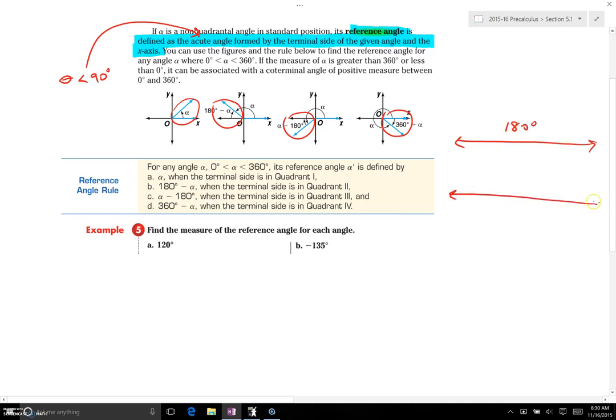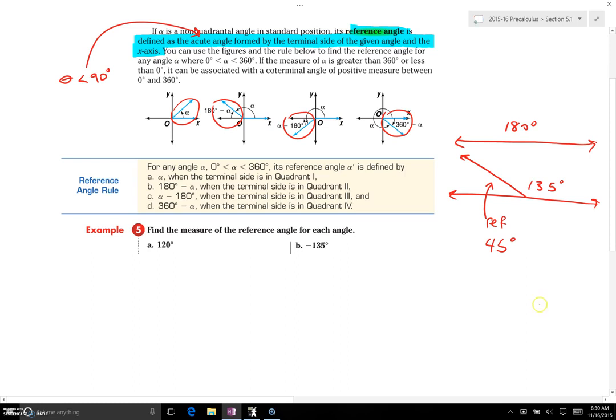So if I measure an angle that's 135 degrees, then my reference angle is going to be 180 minus that, so it's going to be 45 degrees. And really that's all you need.